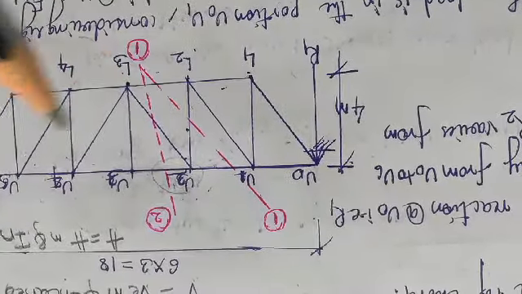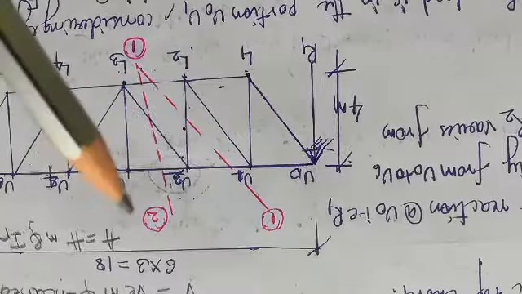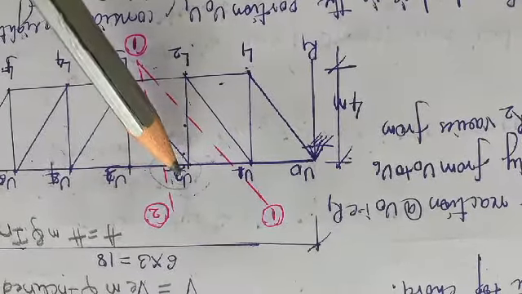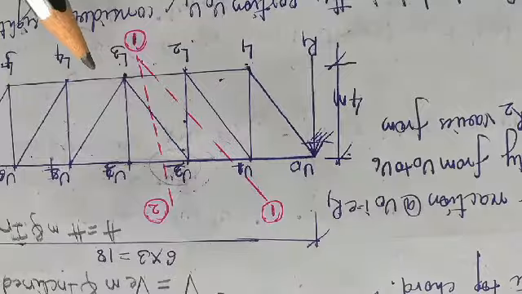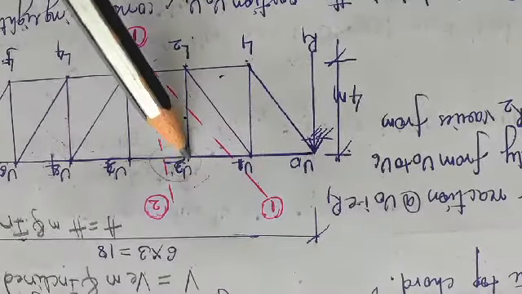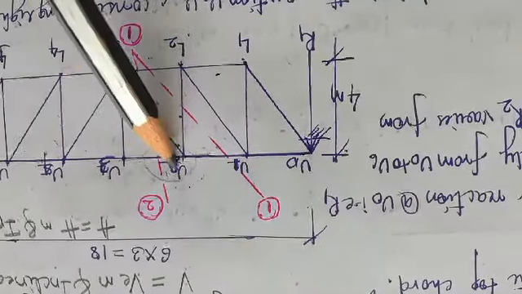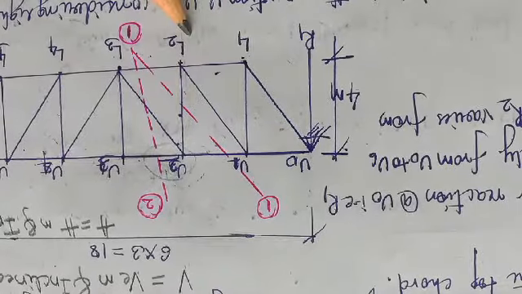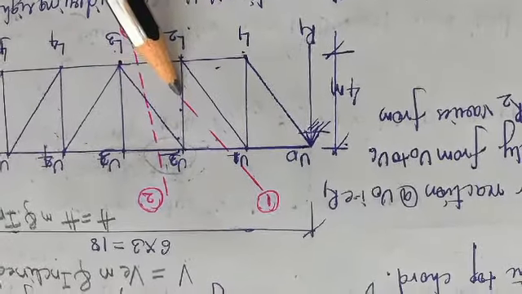We are interested only in the part of the force taken by U2, L2. We are not interested in the force taken by U2, L3. So we are solving only for U2, L2. How do we solve it?